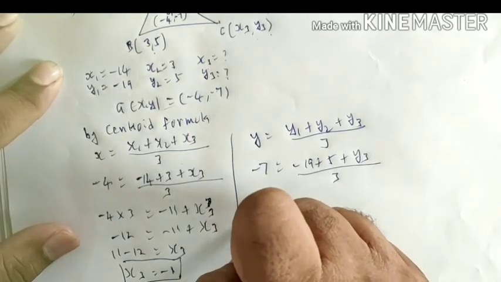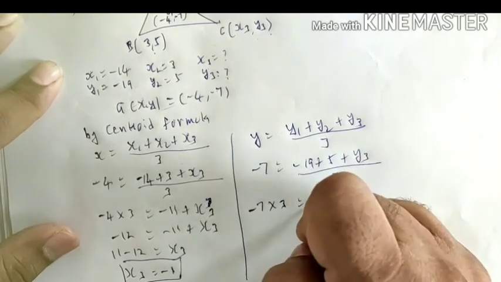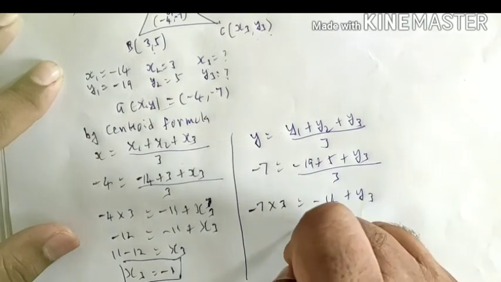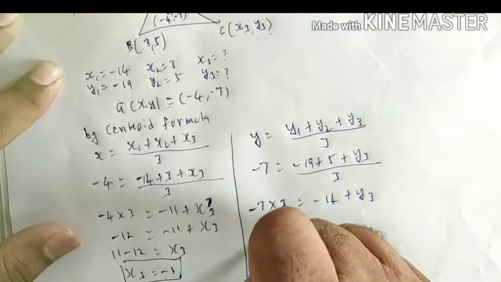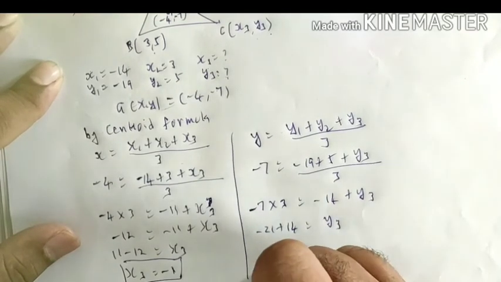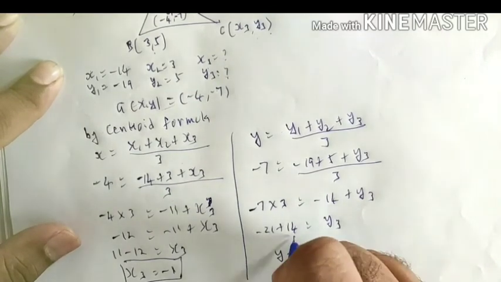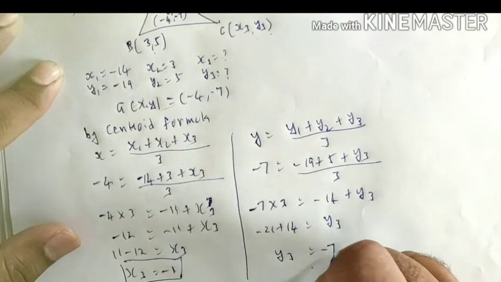It becomes -7 into 3. It is equal to -19 plus 5 is -14 plus y3. -7 into 3 is -21. -14 coming here, it becomes plus 14 is equal to y3, or we get y3 is equal to -7.